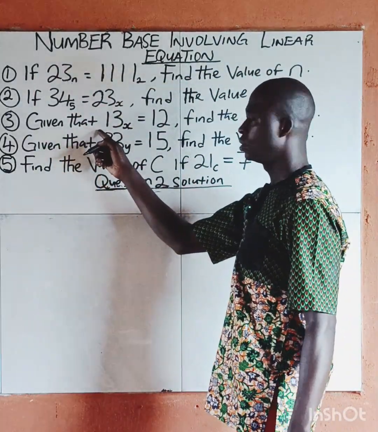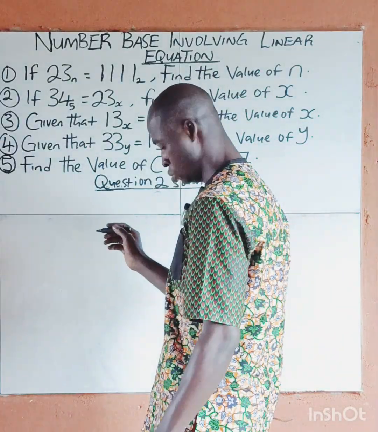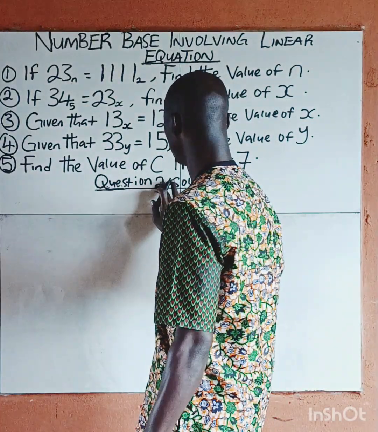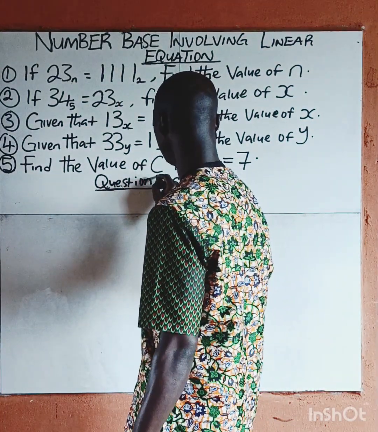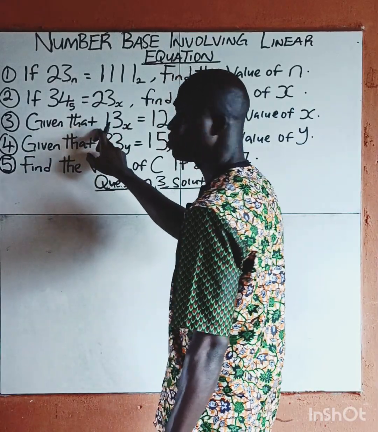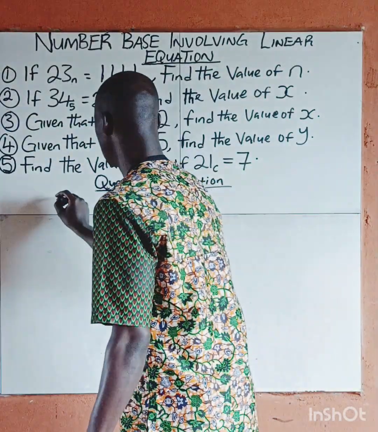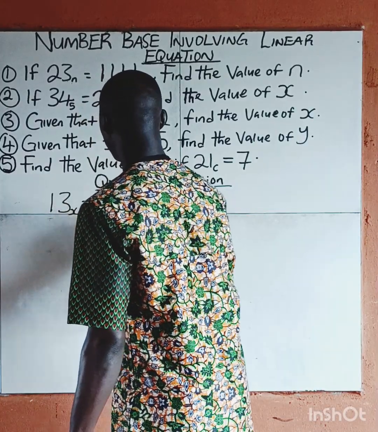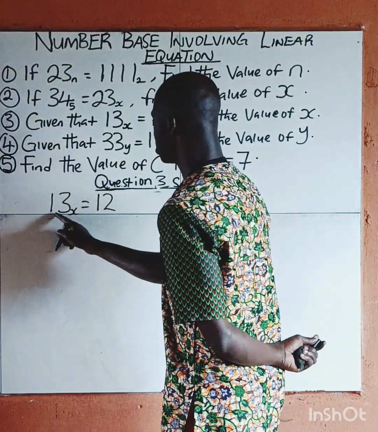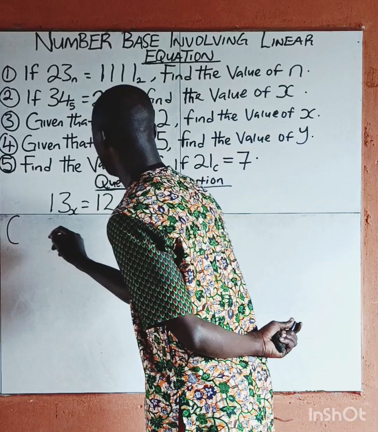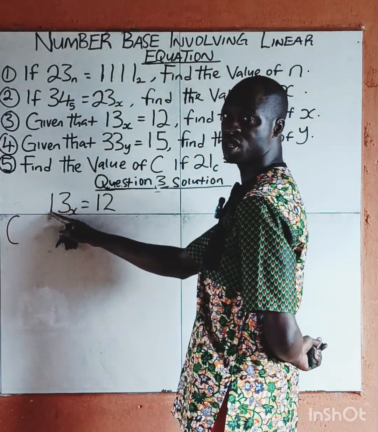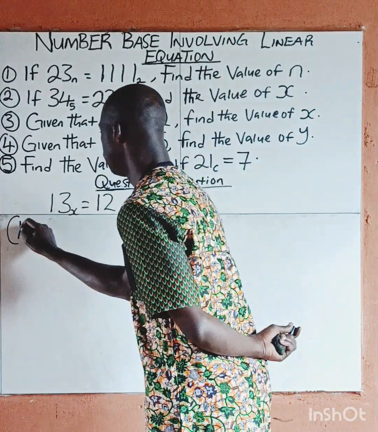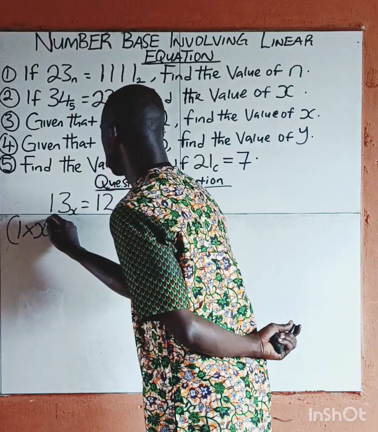This is question 3. The very first thing I'm simply going to do is to rewrite the question. Okay, we'll go straight and start solving. The first thing I'm going to do is open my brackets for question number 3. What is the first digit I have here? This is 1, multiplied by my base, which is x.